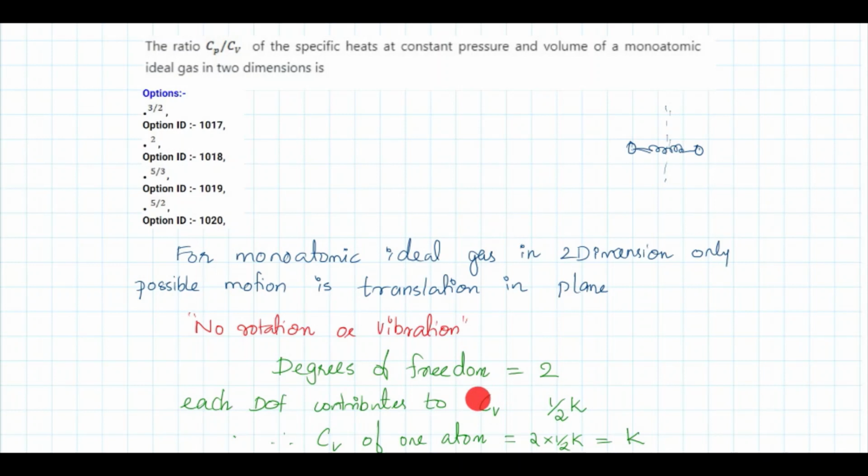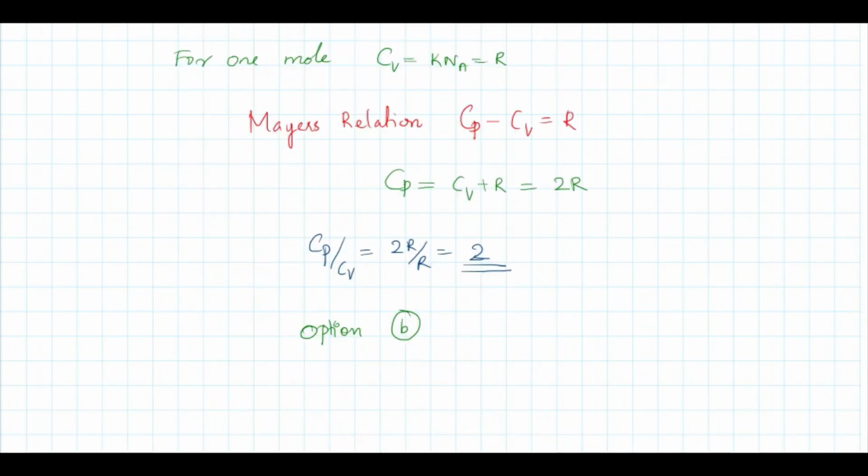Therefore, Cv of one atom, since it has 2 degrees of freedom, is 2 into half k, that will be k. If you are considering 1 mole, the molar specific heat at constant volume Cv is k into Na, since 1 mole contains Avogadro number of molecules. K into Na is nothing but ideal gas constant R.